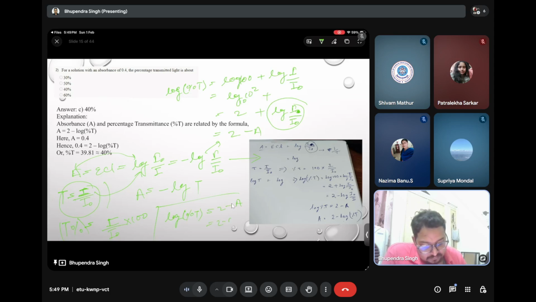And the absorbance you are already given, 0.4. So you can calculate. This is simple, you can do the calculation anyway.